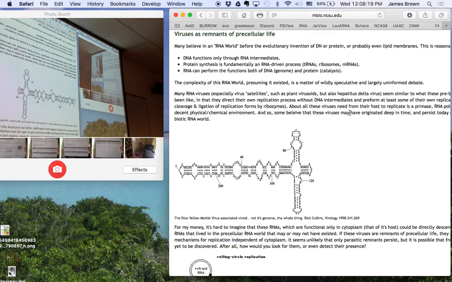And this thing is a great substrate for the rice yellow mottle virus replication machinery itself. So this can only infect rice cells that are infected by the rice yellow mottle virus, and it takes that other virus's genetic replication machinery, which binds to this thing and replicates it out of control. It's kind of a parasite on the original virus's genetic machinery. Pretty cool. Hepatitis delta virus is another one of these.